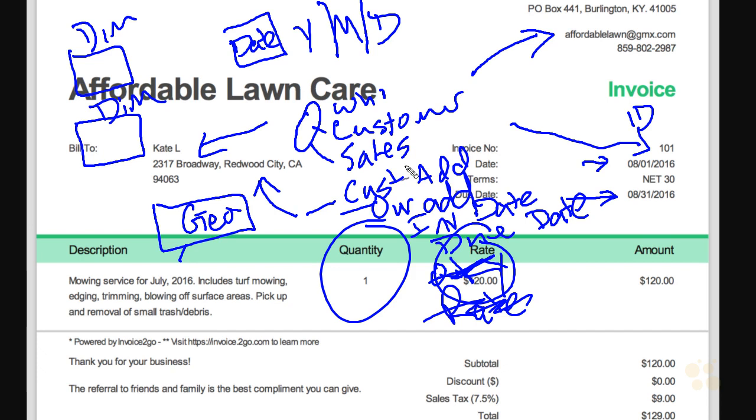So right here, we've kind of gathered all of the dimensions that are available to us just from this invoice, and then we've kind of grouped them together based on what questions they answer. Who, where, when. Oh, and of course, we're not forgetting the product itself. We were selling a service for mowing, so let's go ahead and create a product table that just says mowing, or maybe just product, something like that, that has a list of all of our products or services in it.